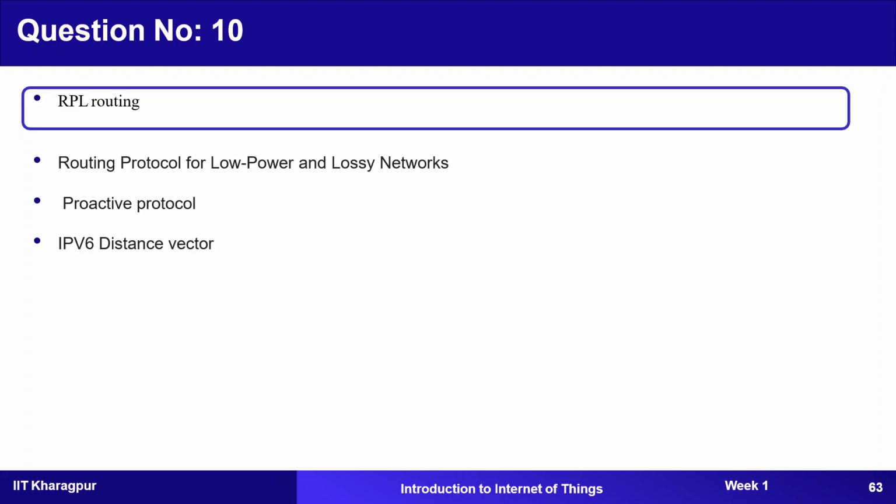Next question is, which of the following allows communication between ZigBee and non-ZigBee devices? Options are layer 5 application level bridge, second option is layer 7 application level gateway, third option is layer 7 application level bridge, last option is layer 5 application level gateway. Anyone?